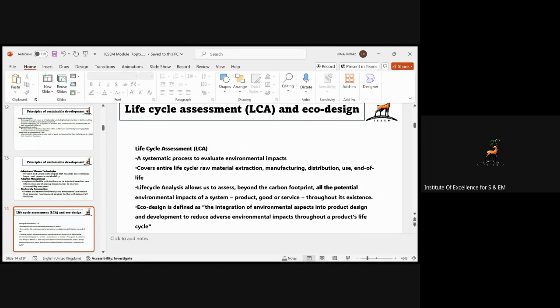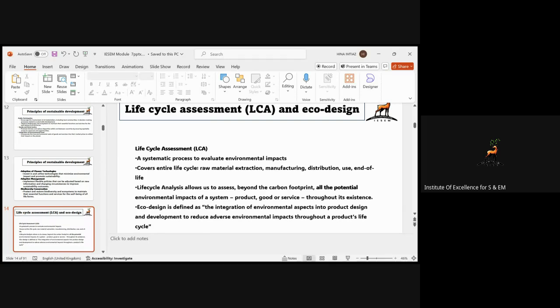We are going to do an assessment of any process, whether that process is producing environmental impacts or not, and we have to judge that throughout the entire process, throughout its existence. We are going to check that.